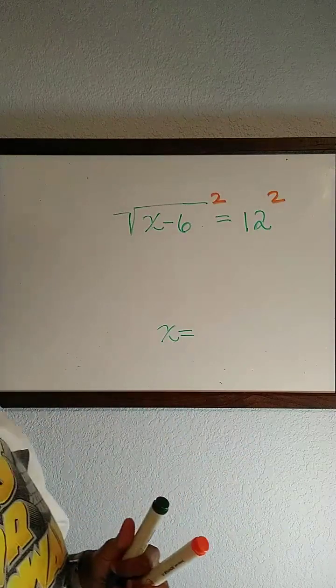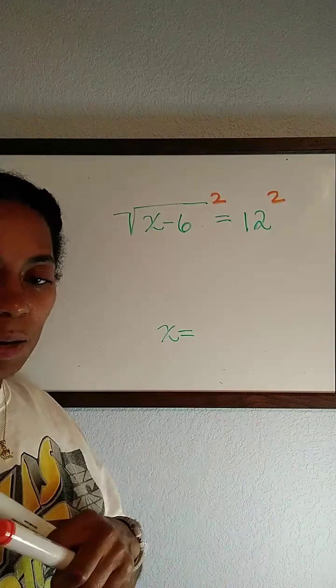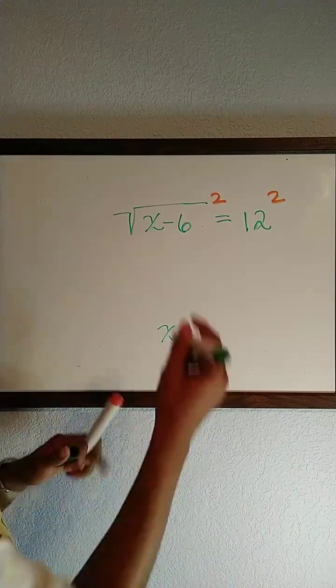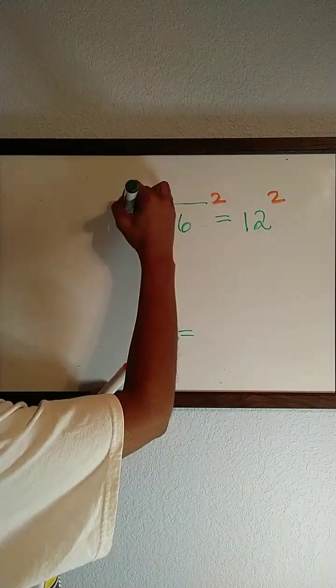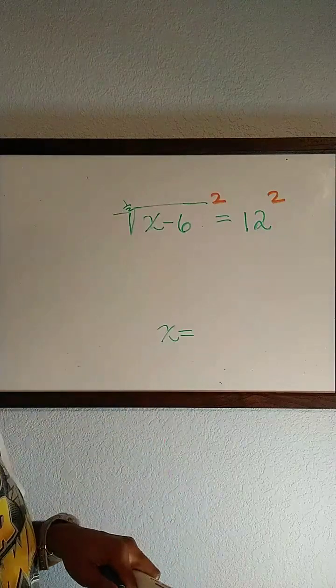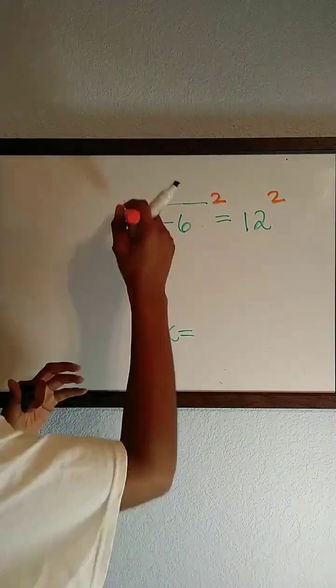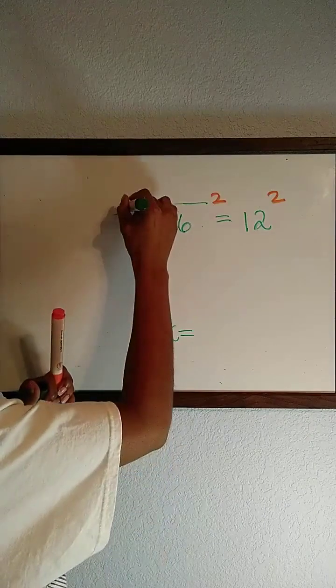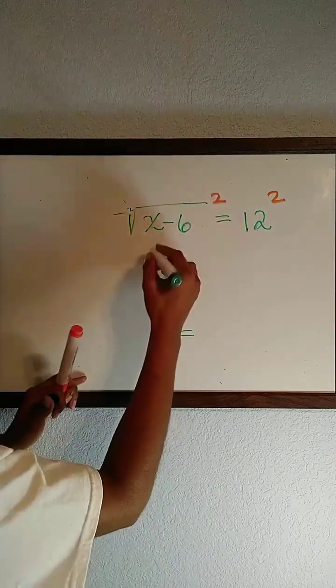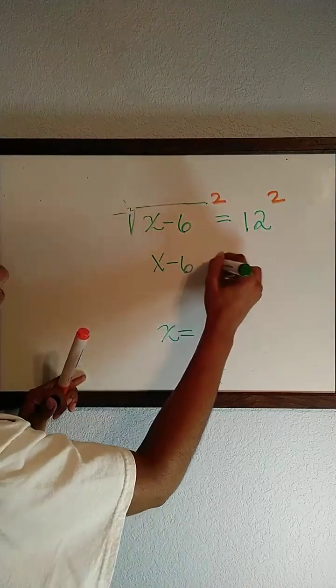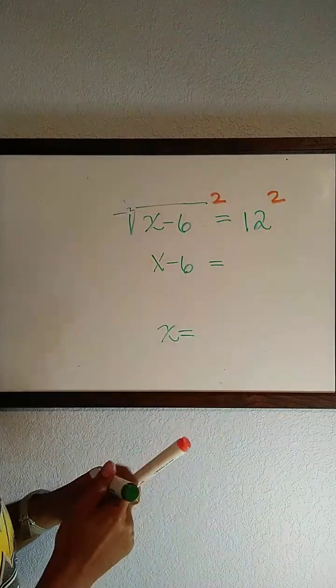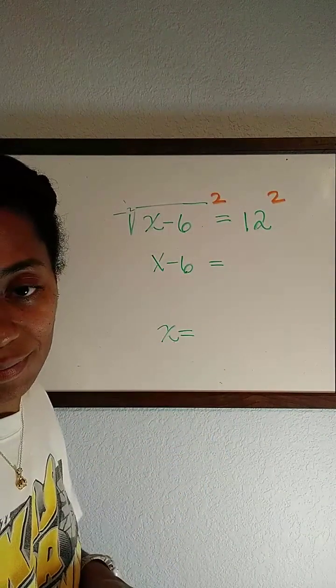So I'm always going to do the opposite of what I see to get the x by itself. So when I square both sides, because this radical has a little bitty 2 right here, I'm going to take that 2 and put it right there. Now I have x minus 6 is equal to 12 to the power of 2, which is a huge number.